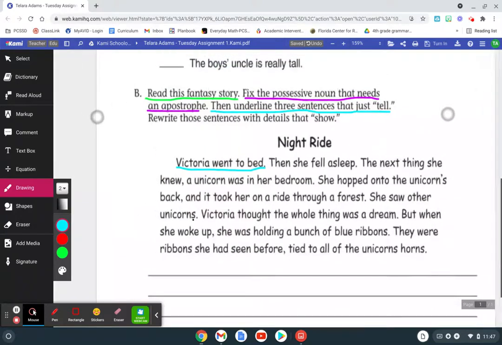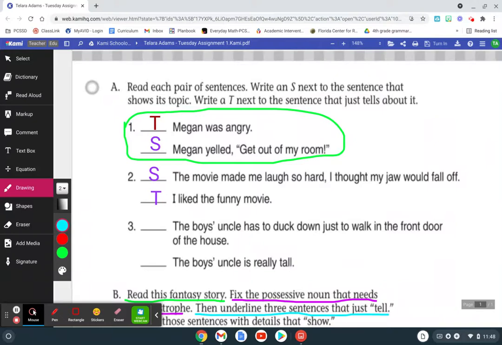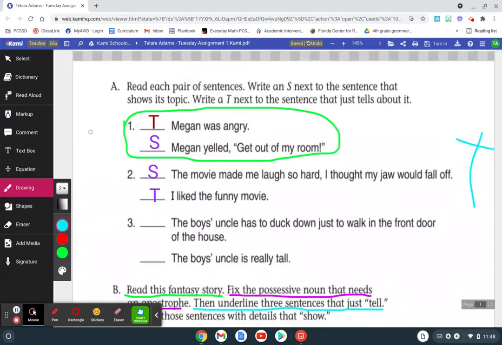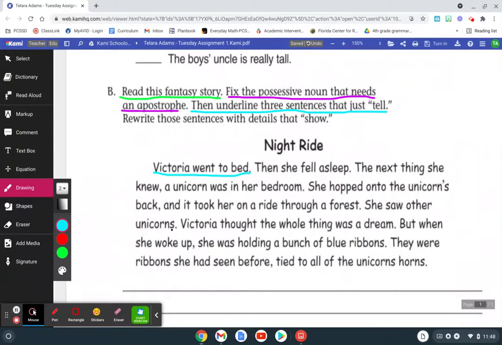And if you want an example of those tell sentences again, go back and look here at the first part of our assignment. Megan was angry. I like the funny movie. It's not giving us a clear idea, any elaboration. Those are the types of sentences we're looking for. And we want to underline three. Victoria went to bed. Then she fell asleep.